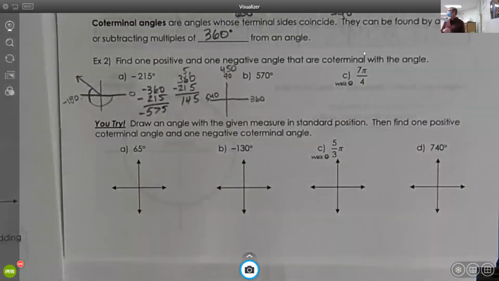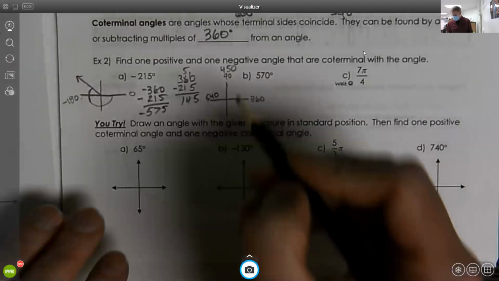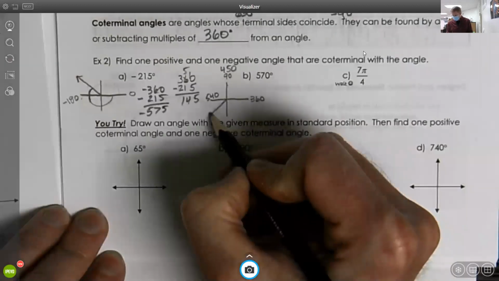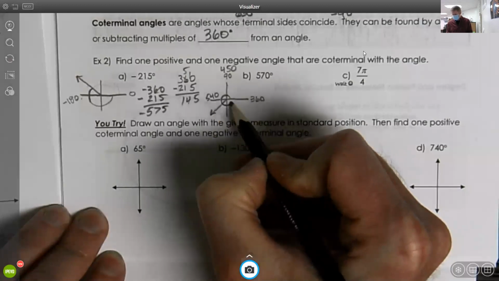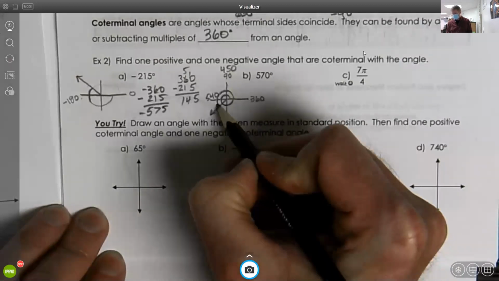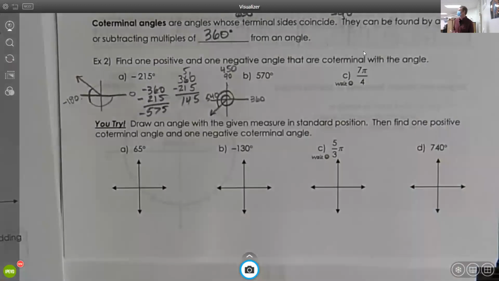That's 540. So we have to go 30 degrees past that. So we kind of went around and all the way back to get to that position. That would be your 570 degrees.